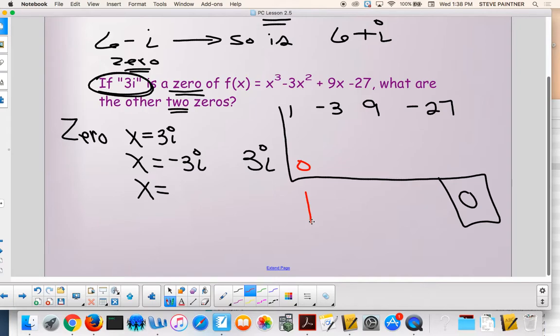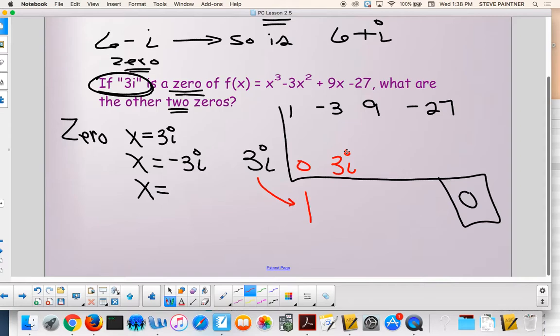Okay, so I did the easy one. 0 plus 1, 1. Now what? What's this? 3i times 1, 3i. Okay, that wasn't the hard part. Here comes the hard part. When you add, what do you get? Are these like terms? No, don't you dare add them.